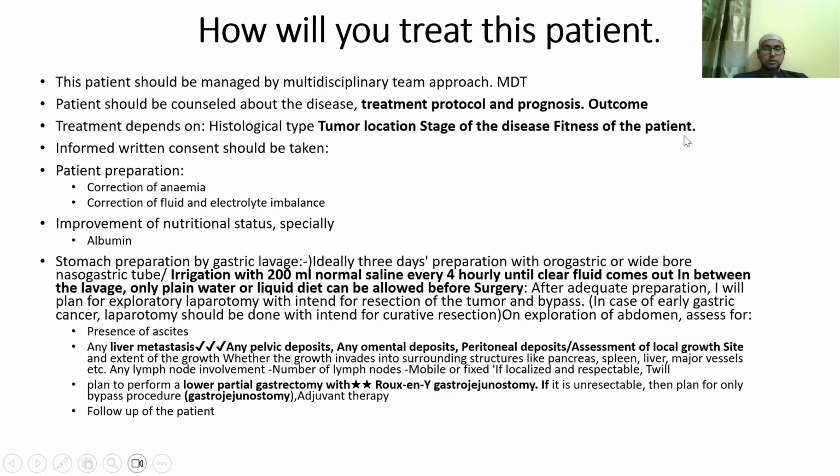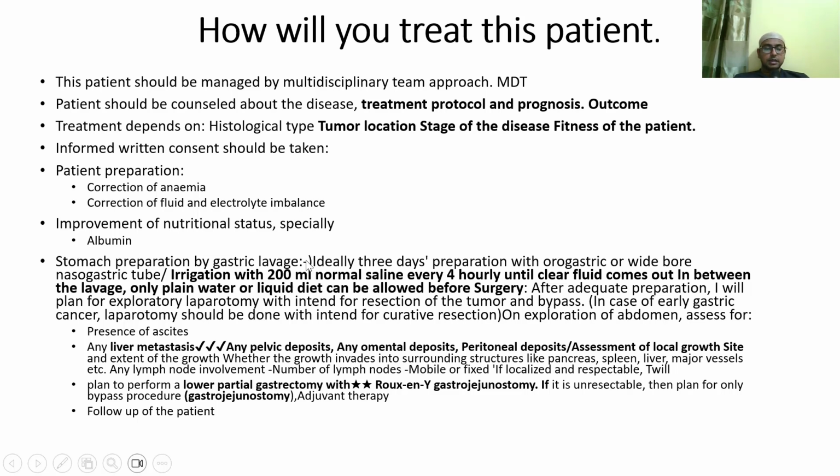These are the factors that may vary the treatment options or protocol. Informed written consent should be taken, and the patient should be prepared: correction of anemia, correction of fluid and electrolyte imbalance, and improvement of nutritional status, especially albumin.